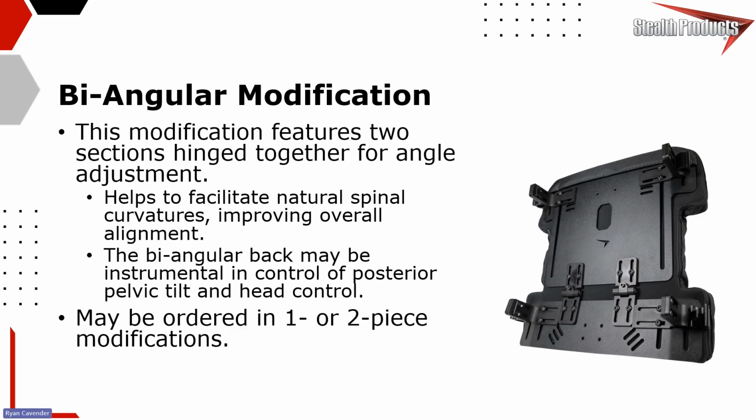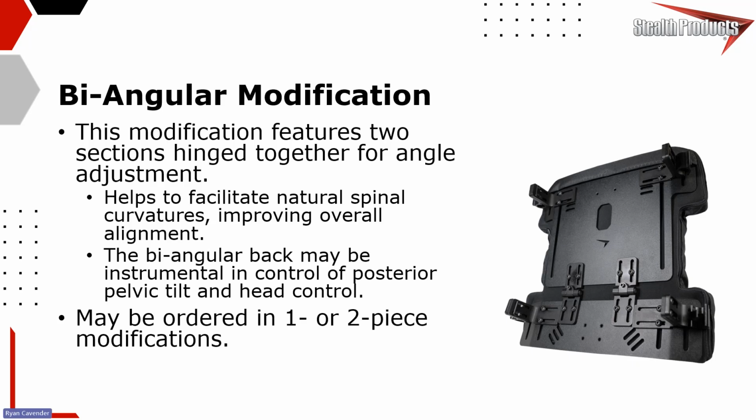Now, we also have a biangular modification in our linear backs. So this will allow the back basically to get split into an upper and lower section that's hinged, so that client spine can be aligned a little better. You improve their overall posture, increase contact with the back support, things like that.